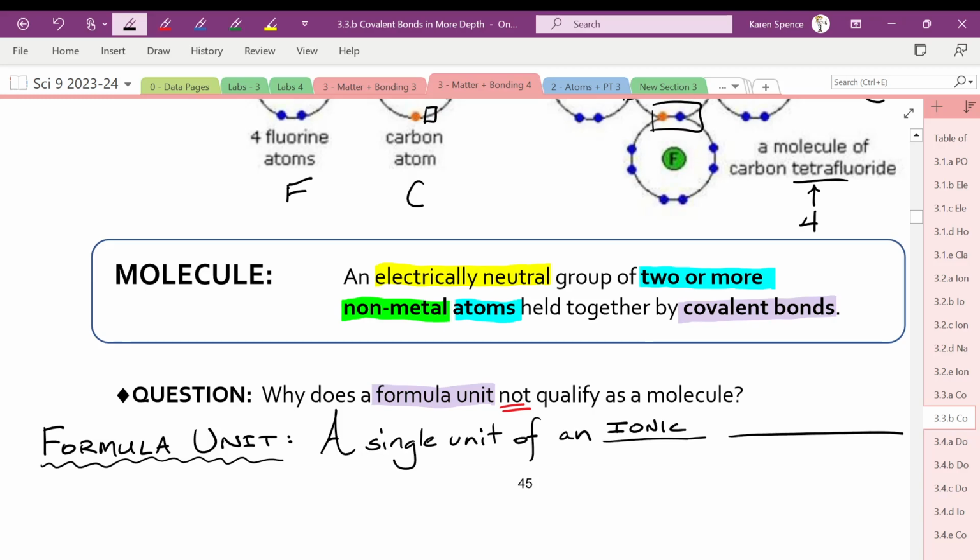That's okay. So it is a single unit of an ionic compound. And could you draw a picture of a formula unit? Do it right under where you wrote formula unit. Draw a little picture down here somewhere of a formula unit.